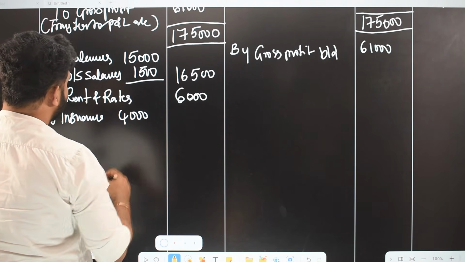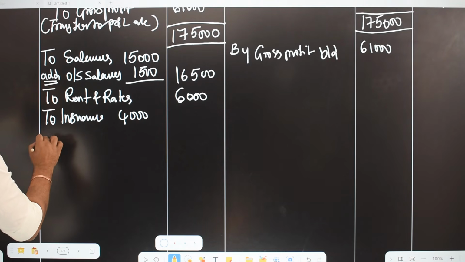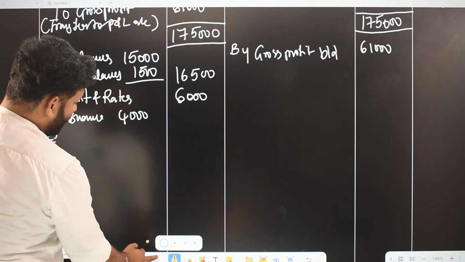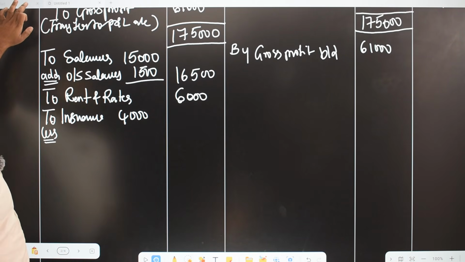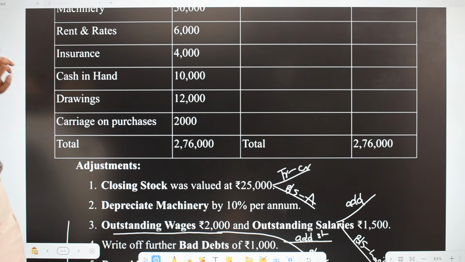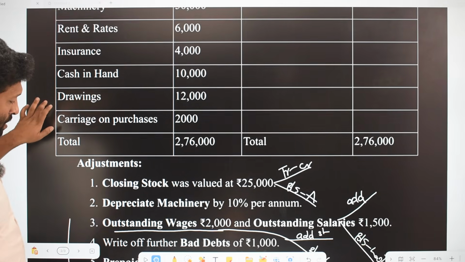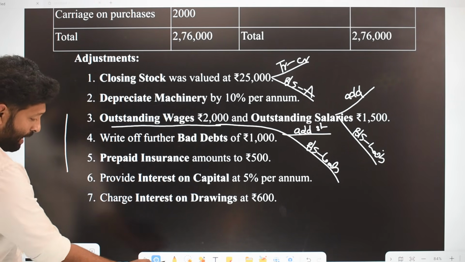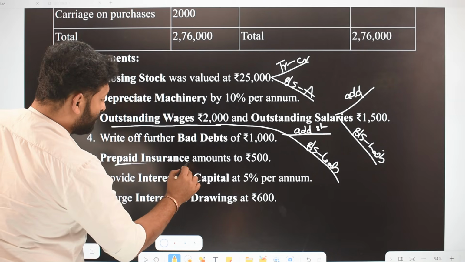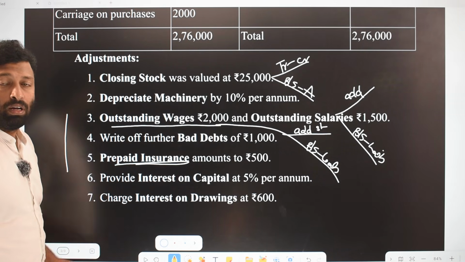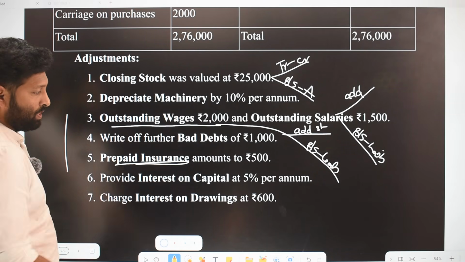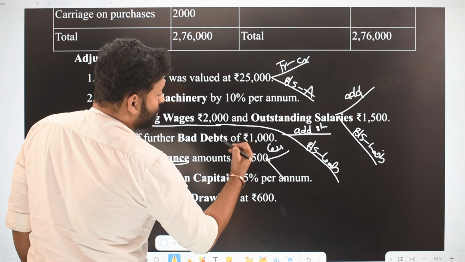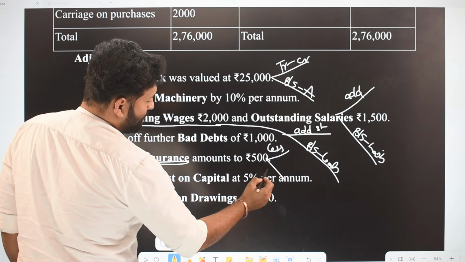4,000. We have an adjustment, that is prepaid insurance. What is the treatment of prepaid insurance? Any prepaid expense always deduct from the concerned expense. Yes, we have insurance 4,000. Now check the adjustment, that is we are having a prepaid insurance. So deduct from the insurance. So 500. First time less from the insurance in the profit and loss account debit side.